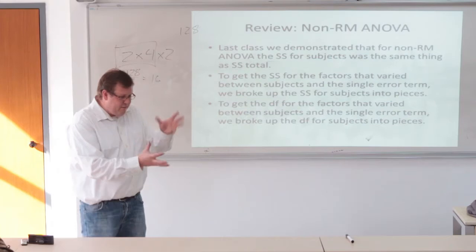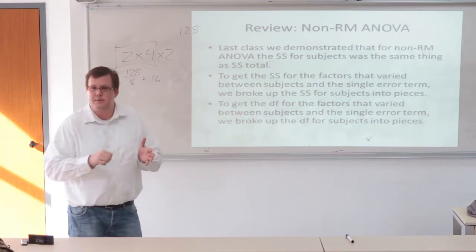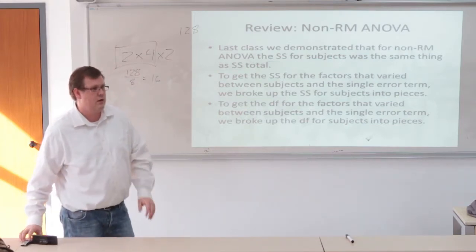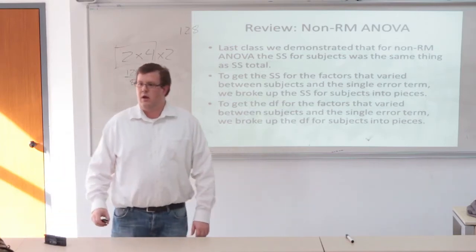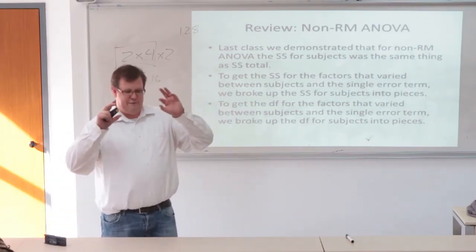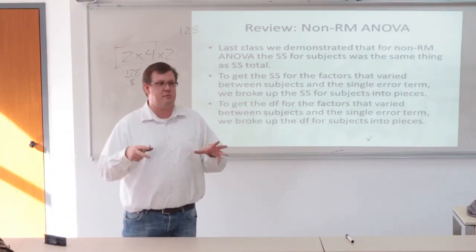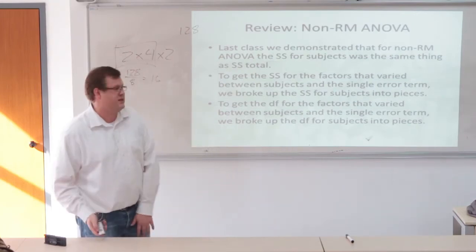Because the degrees of freedom for all of those pieces add up to the total degrees of freedom, which adds up to n, if you consider n being the total number of observations that you have, minus 1.